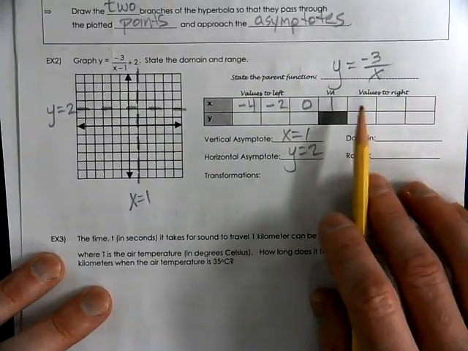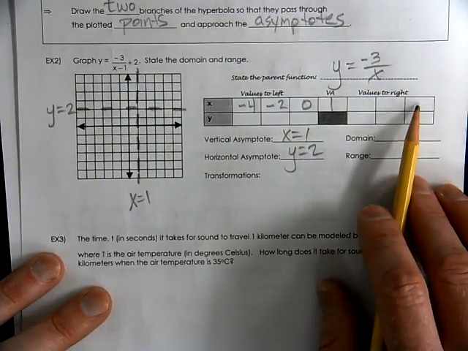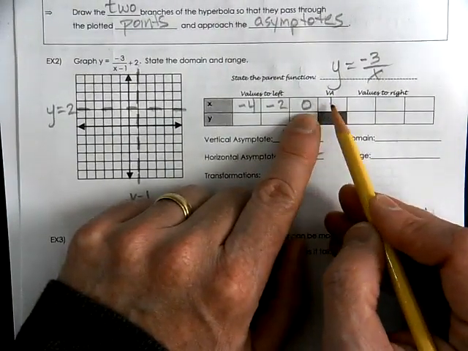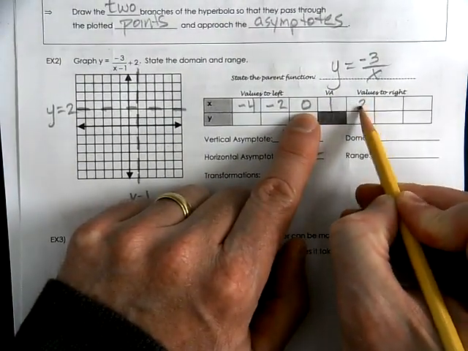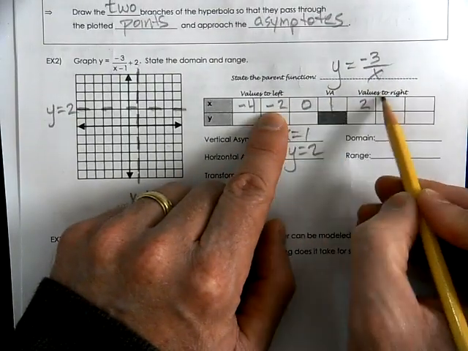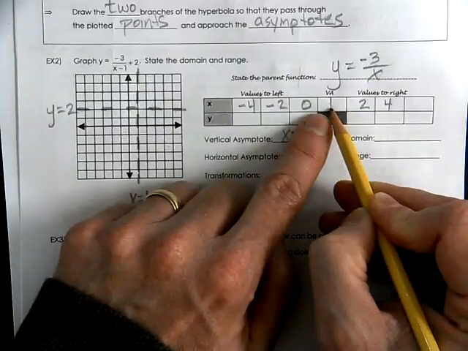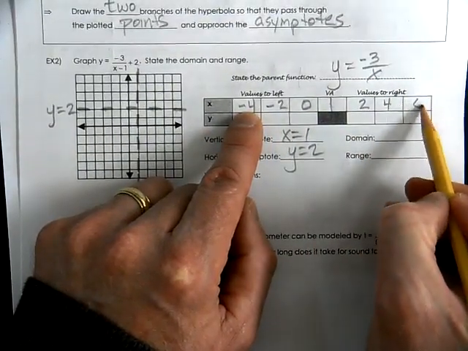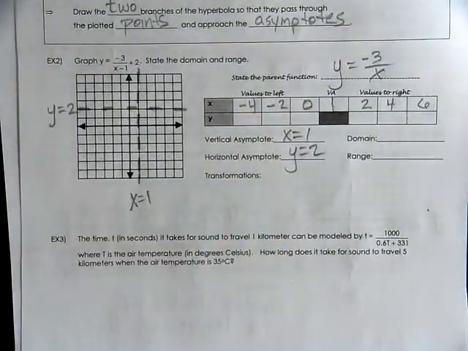And then we want to be symmetrical going to the right. We went 1 to the left, so I want to go 1 to the right. I went 3 to the left, so I want to go 3 to the right. I went 5 to the left, so I want to go 5 to the right. Keep it symmetrical.